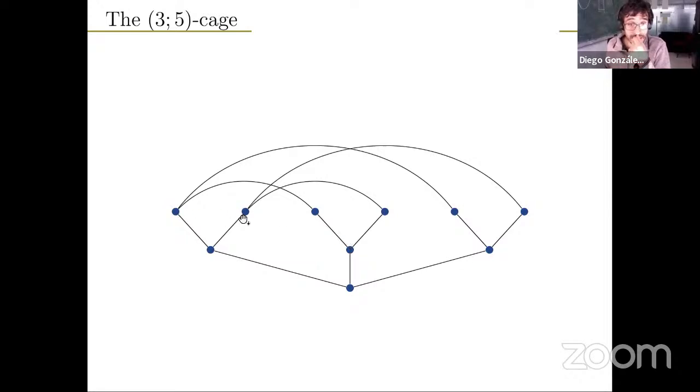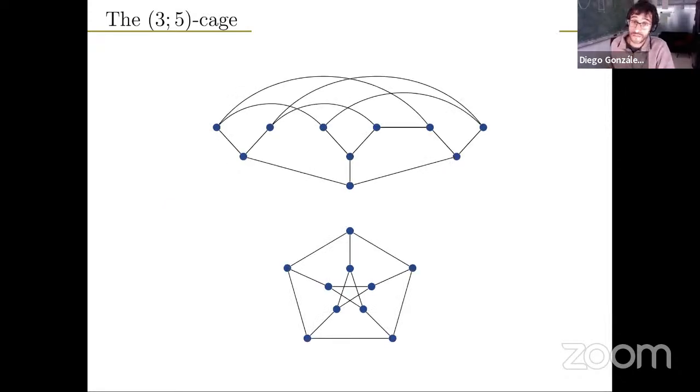This vertex and this vertex are fixed, so now we just need to fix these vertices, and this can be done with these two edges. So now we have a 3-regular graph. Maybe it's not very easy to see that this graph has no cycles of length 4, but this graph is isomorphic to the Petersen graph. So the Petersen graph is the (3,5) cage.